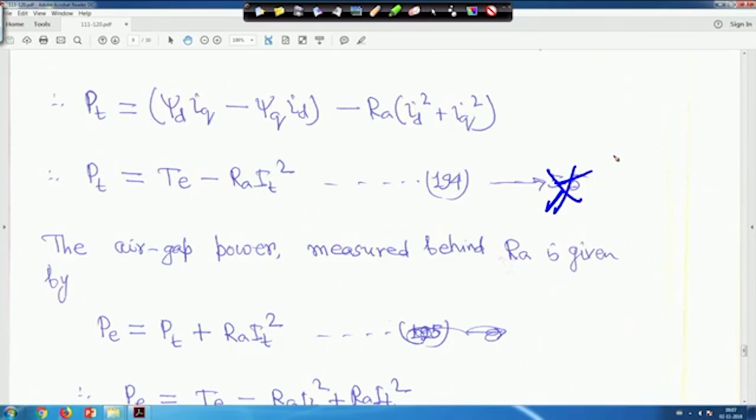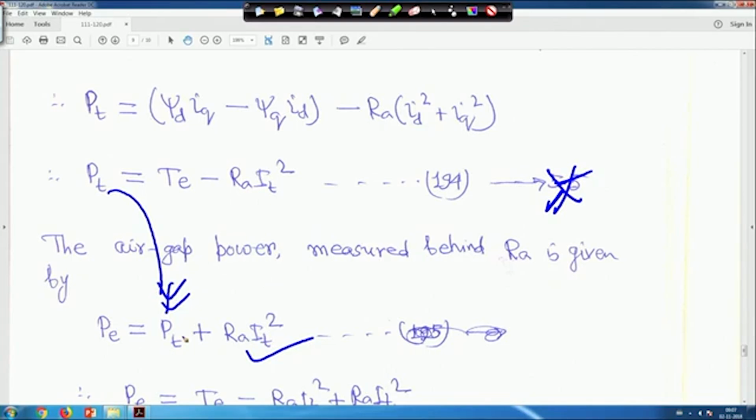Air gap power measured behind RA, this also we have seen, P is equal to PT plus RA IT square. Therefore, whatever PT we have got, we will substitute here. So, RA IT square will be cancelled.